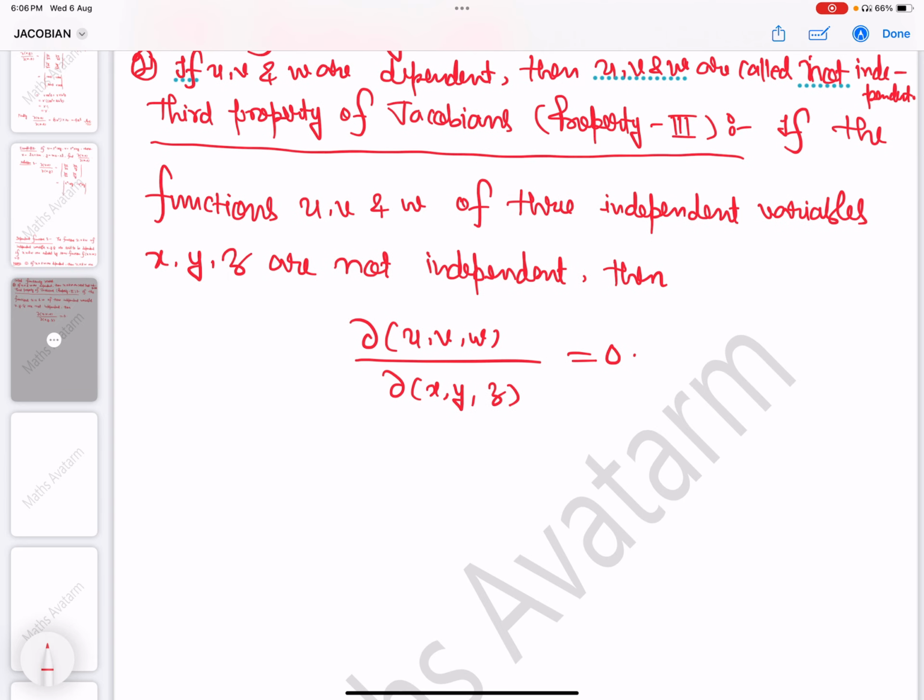If u, v, and w are dependent, then their Jacobian becomes zero. We will prove it now.